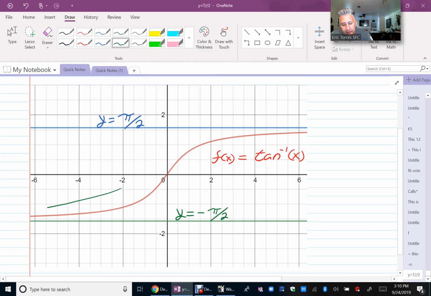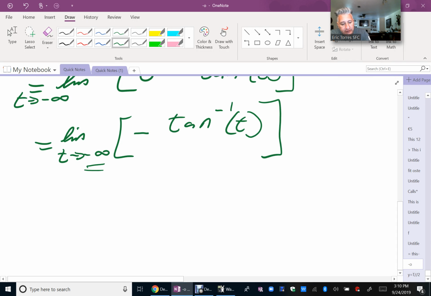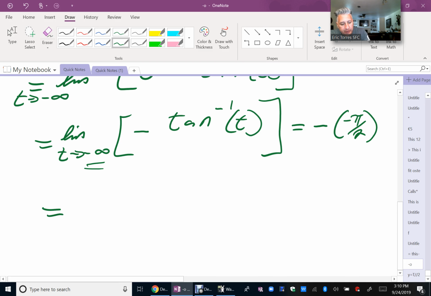As we go to the left towards negative infinity, arctangent is getting closer and closer to negative pi over 2, because arctangent is only defined in between negative pi over 2 and positive pi over 2. So as we go to the left, you should know it's going to negative pi over 2. And again, you don't need a graphing calculator; that's on your reference sheet. And of course I have a negative, so I'm simply going to get pi over 2.